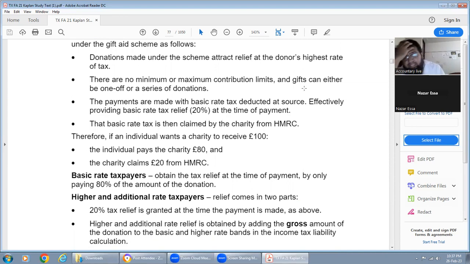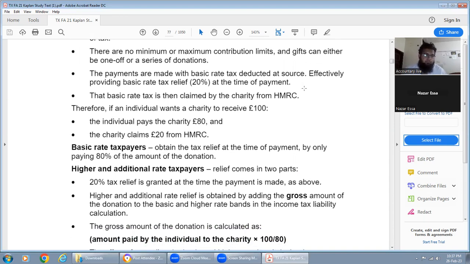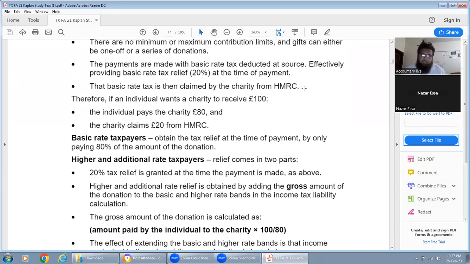That basic rate tax is then claimed by the charity from HMRC. Therefore, if an individual wants a charity to receive 100, the individual pays the charity 80 and the charity claims 20 from HMRC.